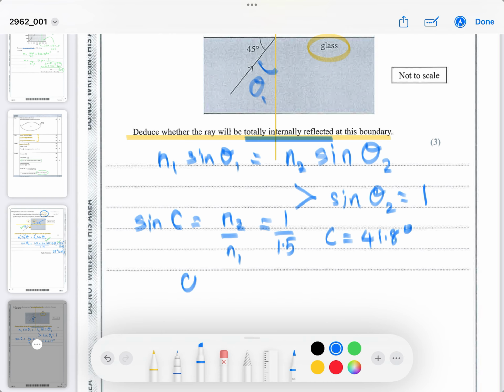And since theta 1 is greater than C, it follows that total internal reflection occurs. So you get 1 mark for using the sine C equation, 1 mark for working out C, and 1 mark for saying that it's greater than, therefore it will totally internally reflect.